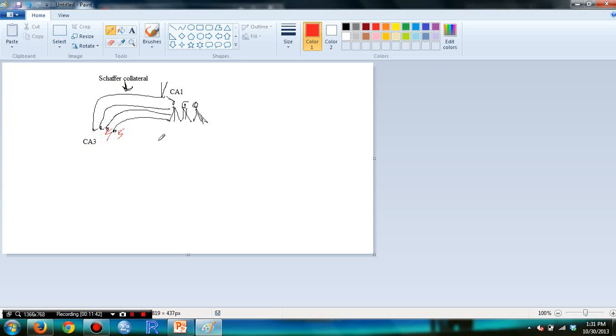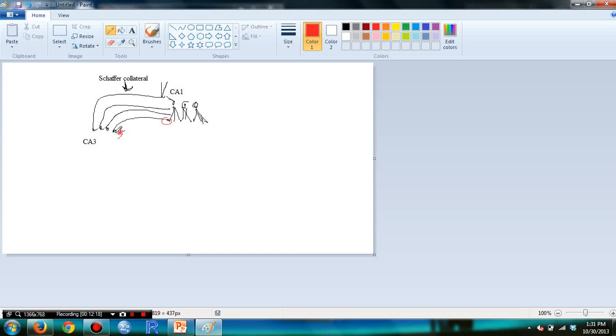That doesn't seem to be the case. So it seems to be input specific, meaning if I drive this neuron here, yeah, there's a lot of inputs going to this particular neuron, but it seems to be that the tetanus actually makes this synapse more efficient. It doesn't make every synapse more efficient. It's just this one now that has the ability to drive this cell more. Okay, so it's input specific.